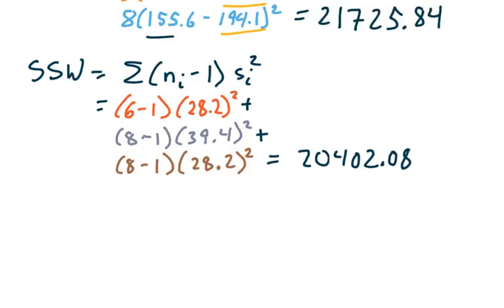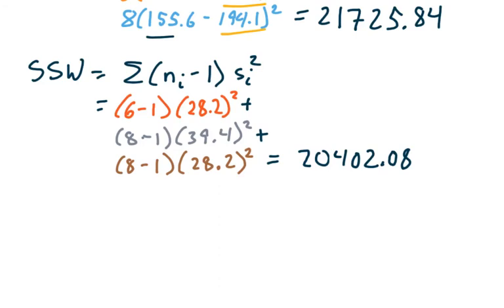And then similarly for SSW, the sum of squares within, the formula is N subscript i minus 1 times S subscript i squared, okay? So here we actually have the S values, not the S squared values.